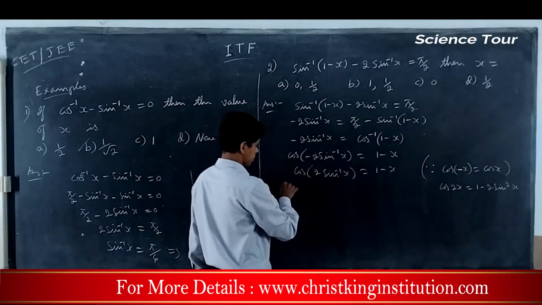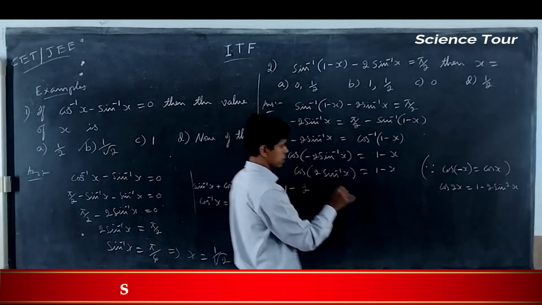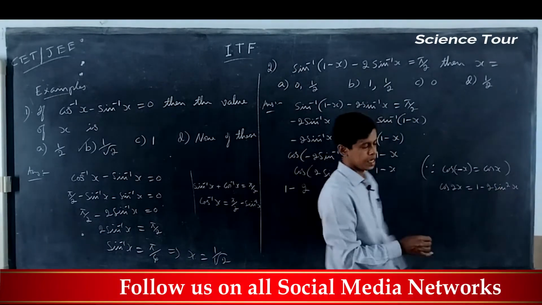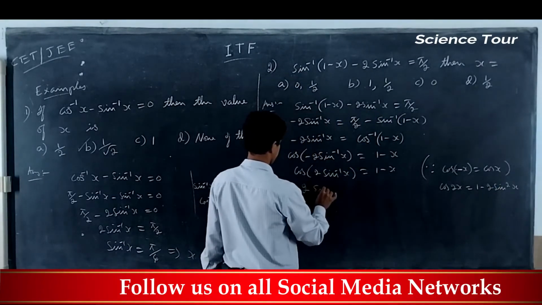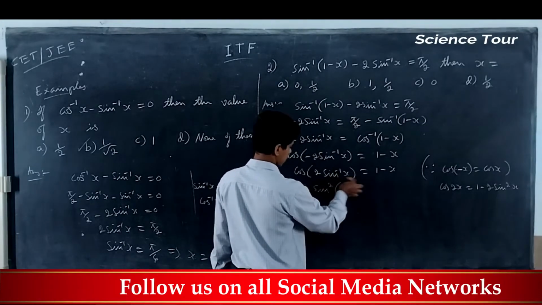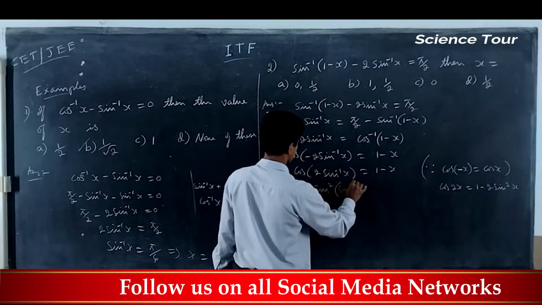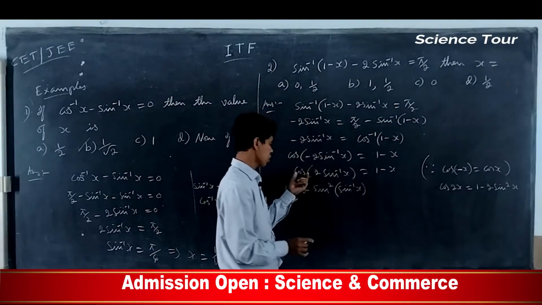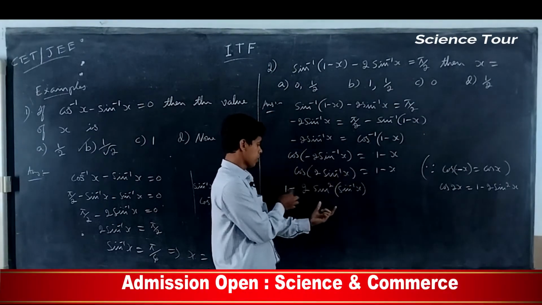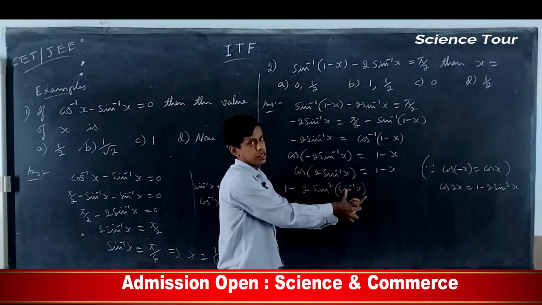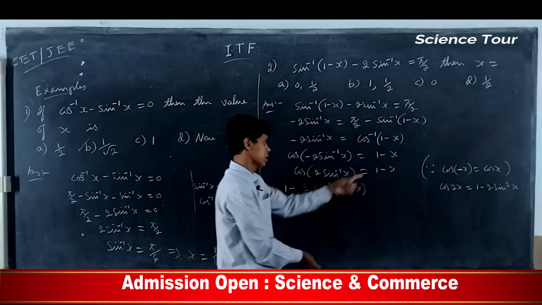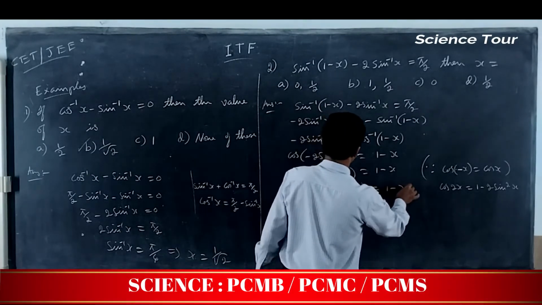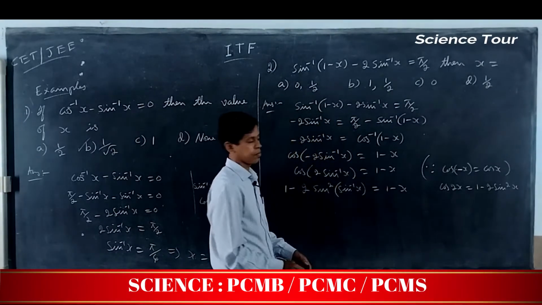Now, this is 1 minus 2 sine square of sine inverse x. I hope you understood. Cos 2x is 1 minus 2 sine square x; in place of x, I have sine inverse x, and there we don't have to change anything.